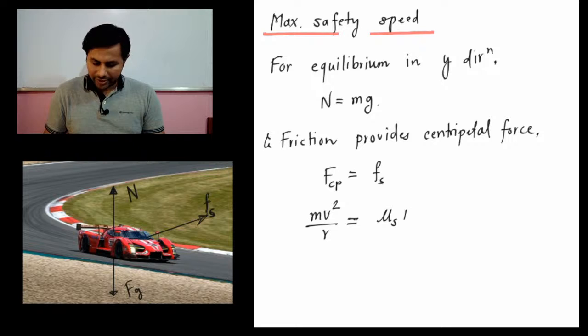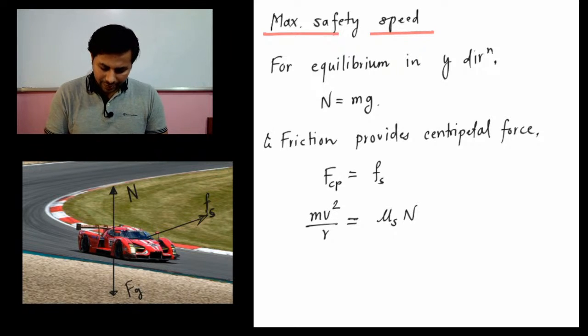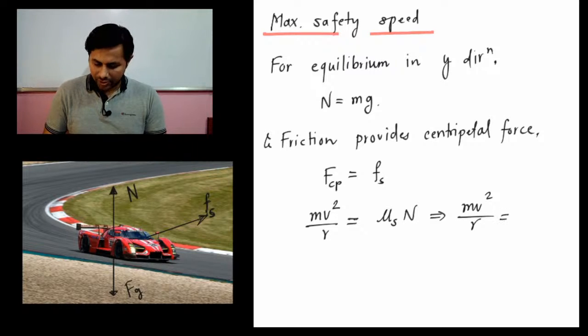It is mu_s multiplied by the normal reaction, and we can substitute the value of the normal reaction, which is mg. So we get mv squared over r equals mu_s multiplied by m times g.